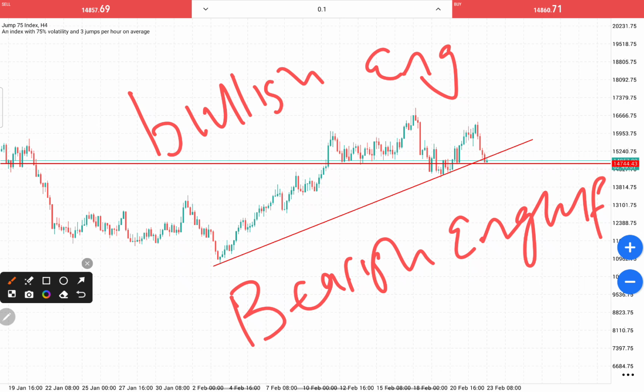You don't want to enter a sell at a wrong place, only for you to get in and then the market starts buying. Now, bullish engulfing, bearish engulfing, these are the major confirmations. And another confirmation is weak reversal. I hope you get weak reversal.